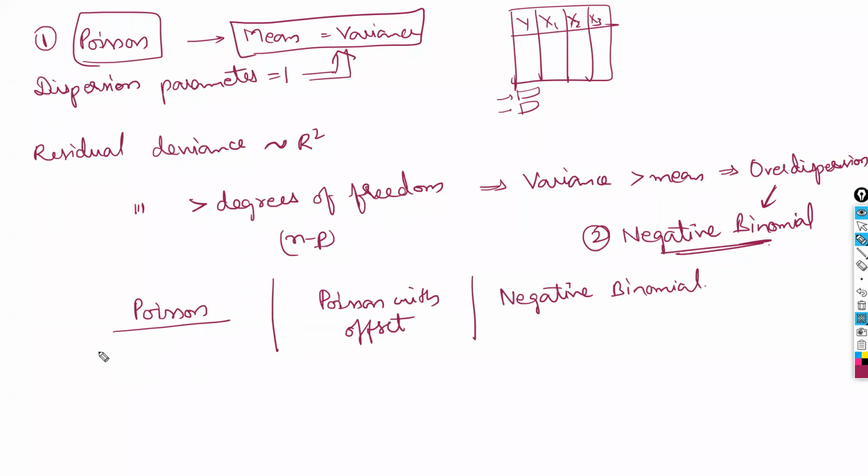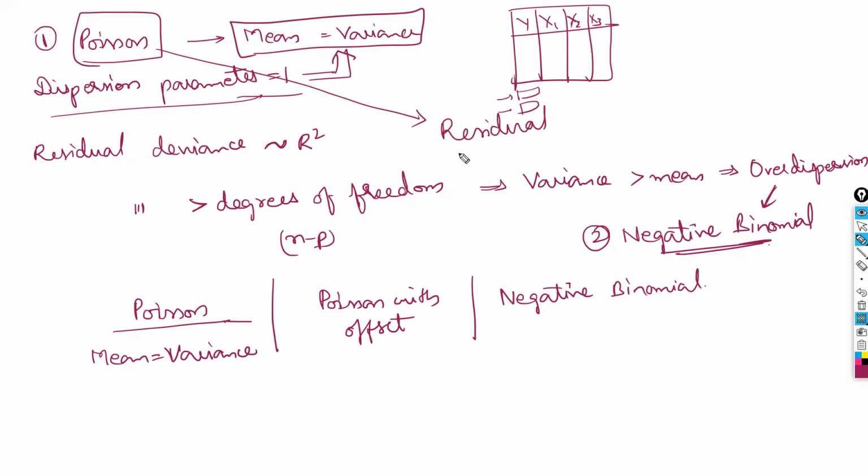Poisson regression has a condition: mean equal to variance. And when the dispersion parameter equals 1, this is what it means. Or when residual deviance equals degrees of freedom, or residual deviance is close to degrees of freedom.